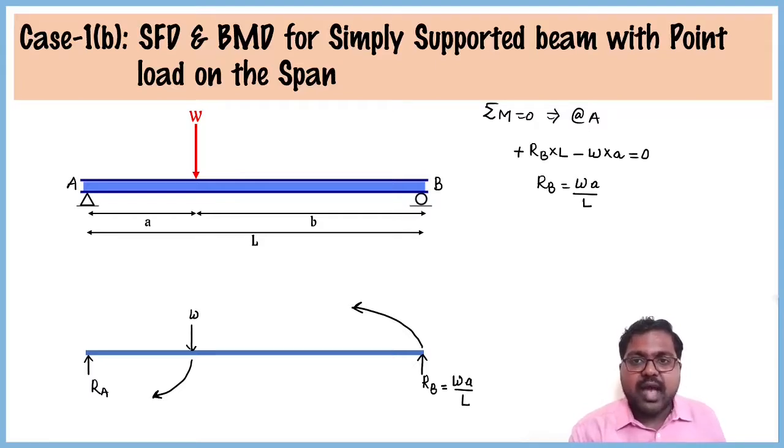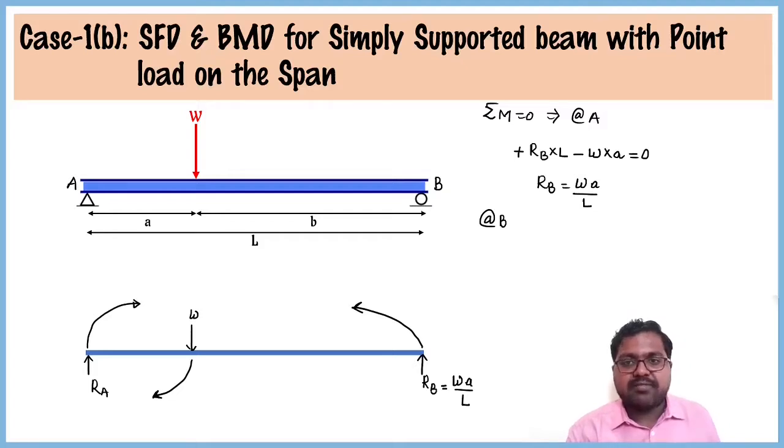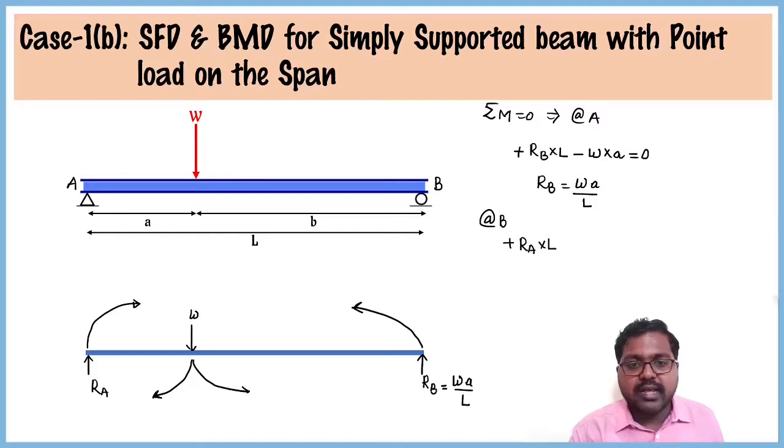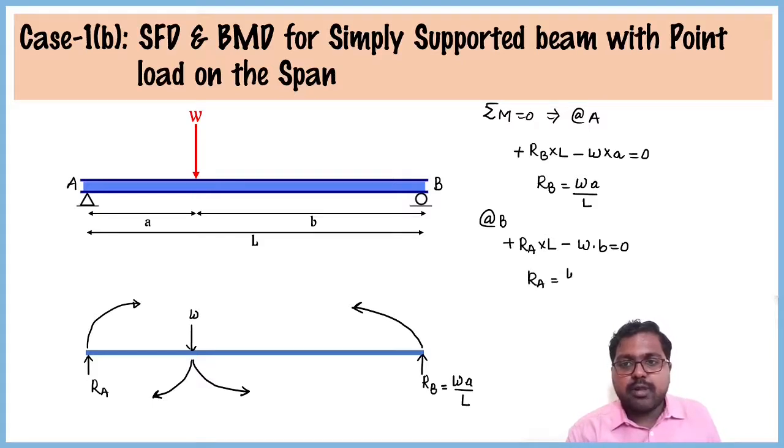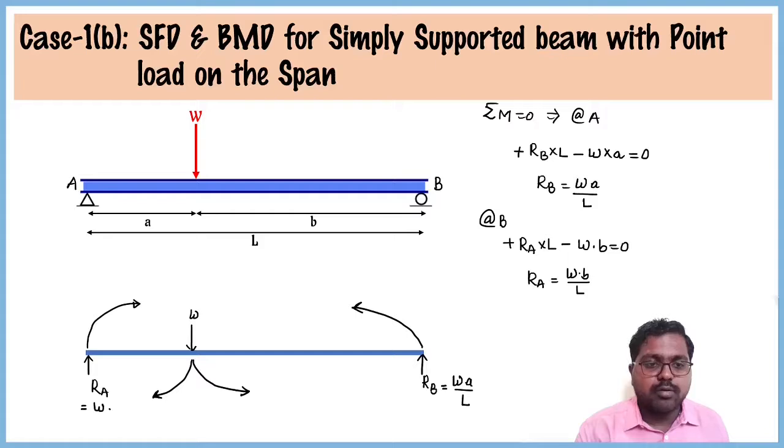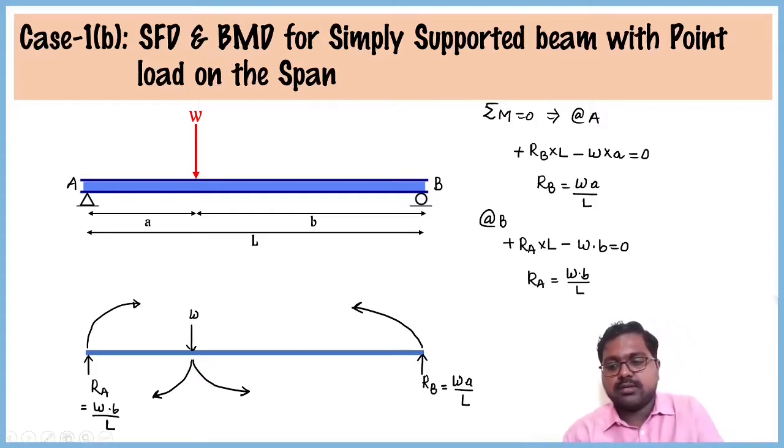And in the same way, I am going to consider moments at B. So moments at B, RA will create a clockwise moment. From the left hand side it is creating, so it is plus RA into L, and again this W is creating an anti-clockwise moment on B. So from left hand side it is negative W into distance b will be equal to 0, which will give RA equal to W into b by L. So RA will be equal to W b by L. So in simplified form we will have like this.